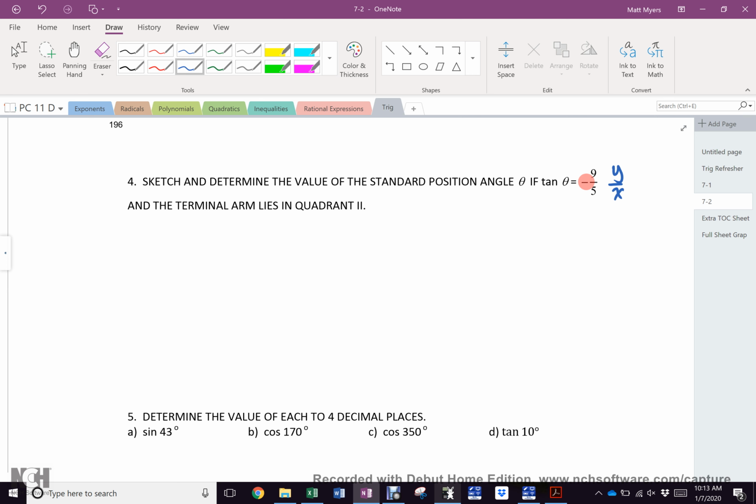The terminal arm lies where? In quadrant 2, which means it's out here, yes? So which is positive out there, the y's or the x's? So that must mean this is 9 and this is negative 5, right? So now we've sketched it. Do we care about the r?